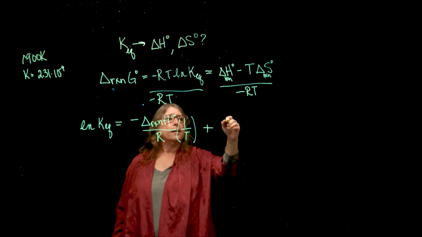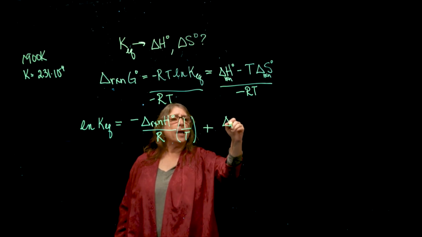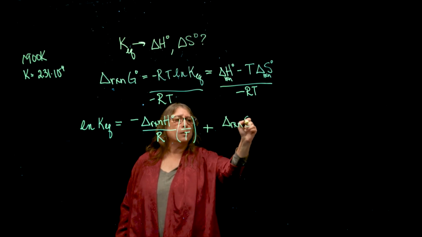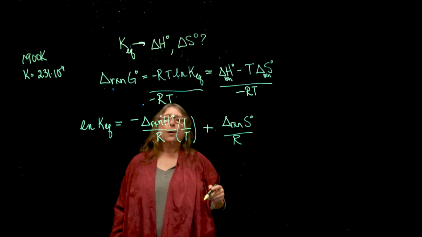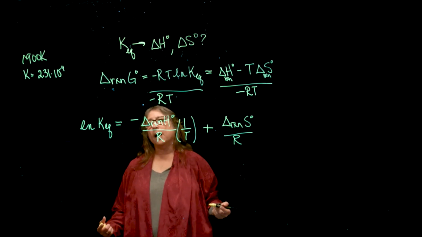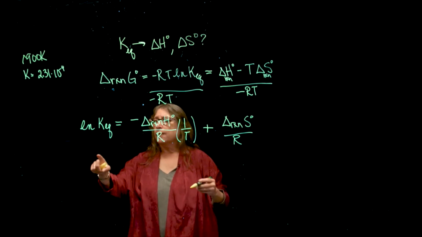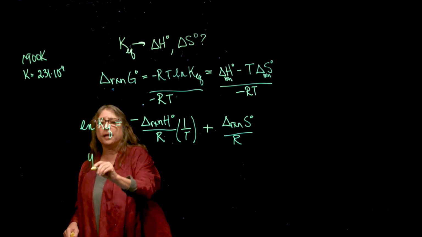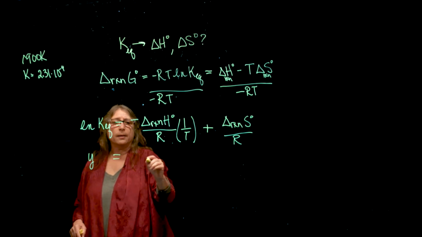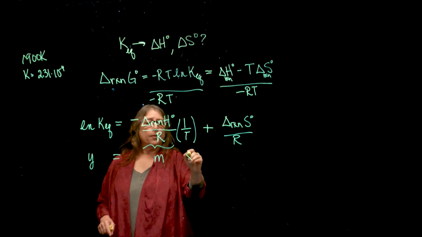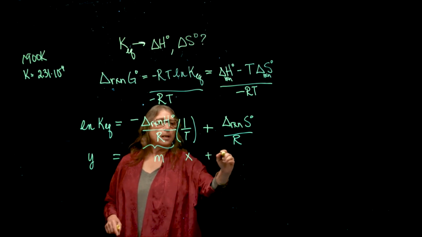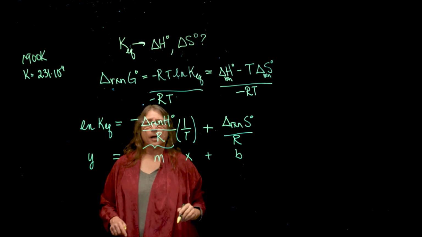And then I add in the entropy of the reaction divided by R. Now, when I put this into Excel using the natural logarithm of K_eq as Y, this term is my slope, this is my X, and this is my intercept.